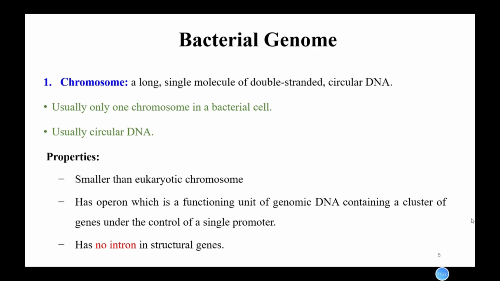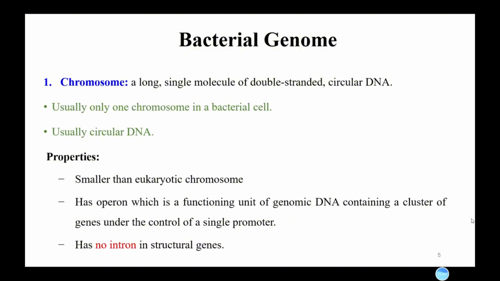And also, in bacterial chromosome, the bacterial genes do not have introns in them. Do you understand the term intron? Like in human, our genes are not continuous. They are cut into pieces, intron, exon, intron, exon.